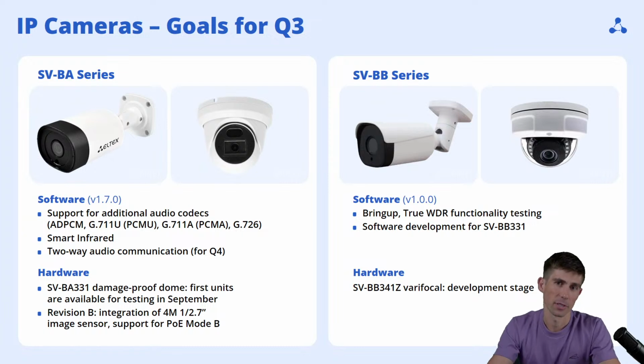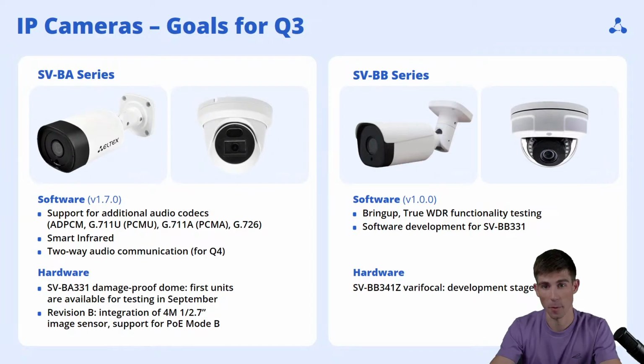This is something that may be useful because one of our cameras, the SVBA 301E, is a model that has a built-in speaker, which most competitors are lacking. You may find this useful to implement two-way audio communication. So the security personnel may be able to remotely not only hear what the camera is hearing because of the microphone, they may also be able to talk into the microphone so the camera plays the message using the speaker.